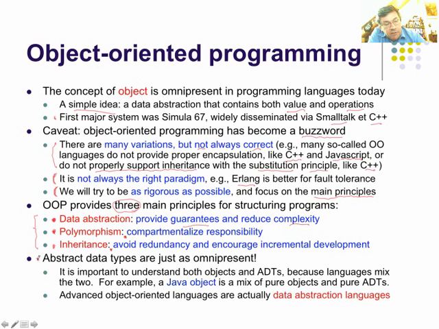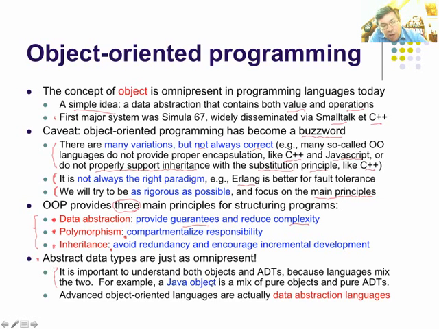A final point is the notion of abstract data types. Since the word object in object-oriented programming makes you think that objects are the most important thing, in fact, that's not true at all. What is most important is data abstraction. And modern advanced languages will be mixing the two concepts because they provide different kinds of properties and abilities, and you need both.